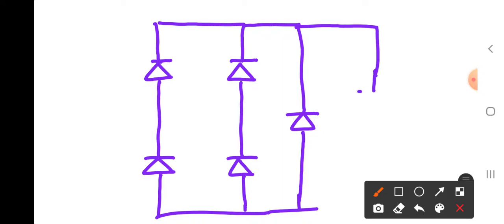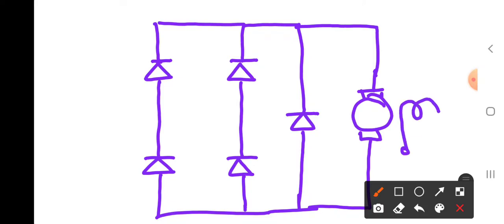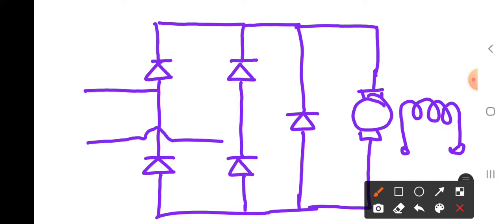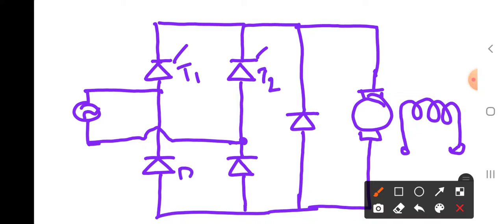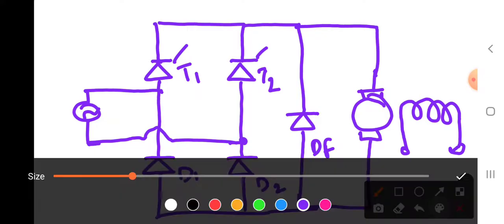The circuit has T1, T2, D1, D2, and the freewheeling diode DF, with the motor.